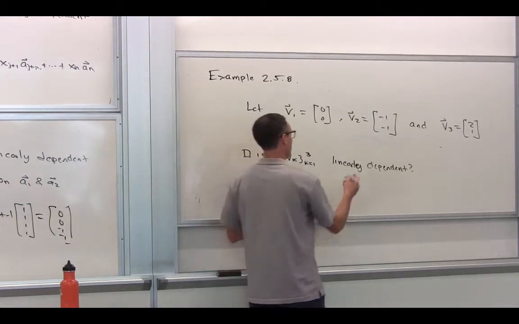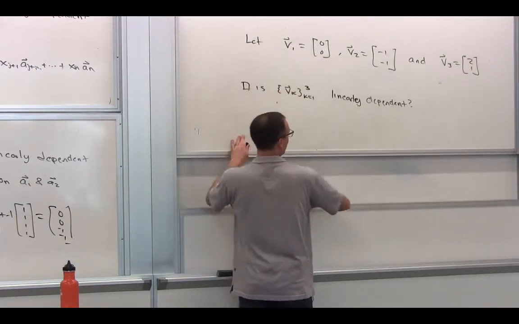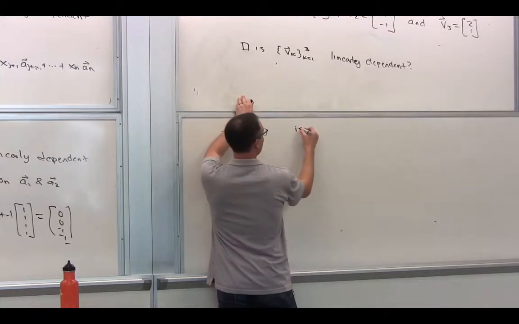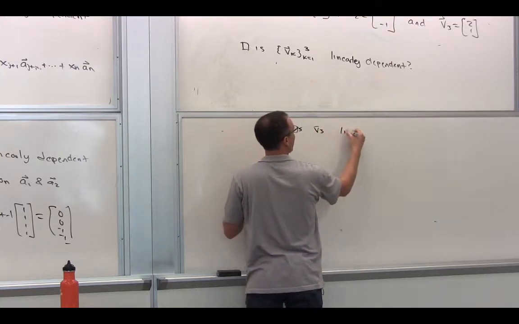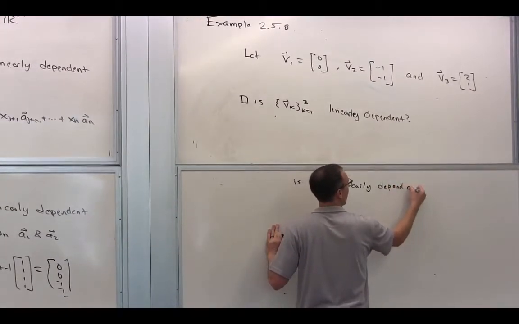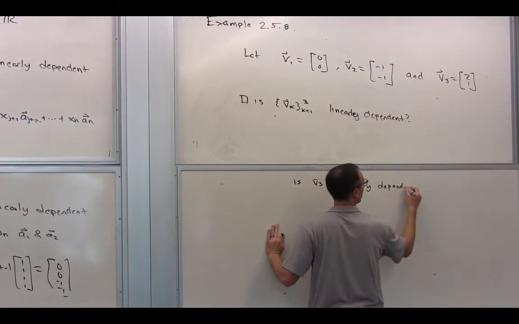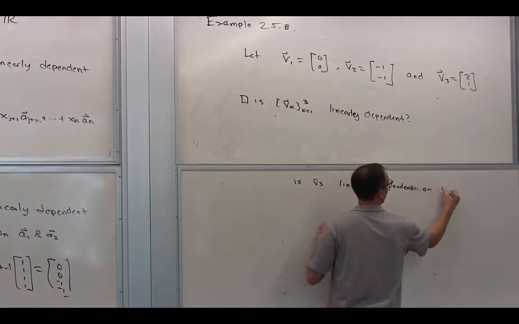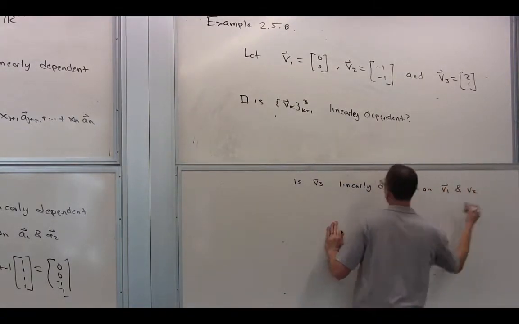Okay, so let's do this. We're not sure about this. Is v3 linearly dependent on v1 and v2?